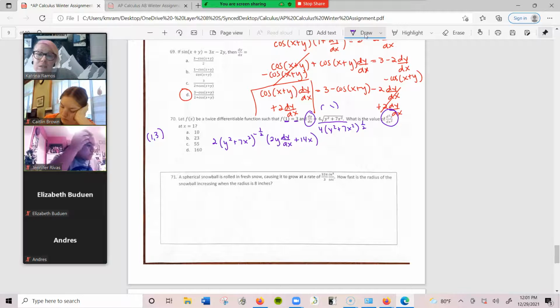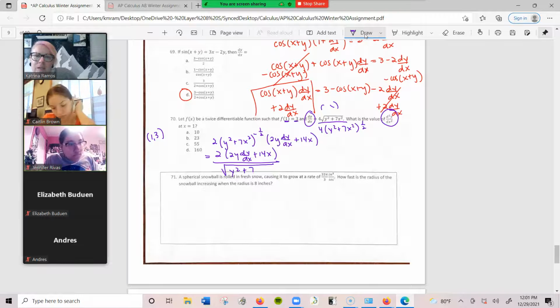I'm going to move it down to the denominator. So I have the 2 in the numerator, the 2y dy dx plus 14x in the numerator, and then everything is over the square root of y squared plus 7x. Is this part okay? Just the rewriting. Oh, yes, thank you. Okay.